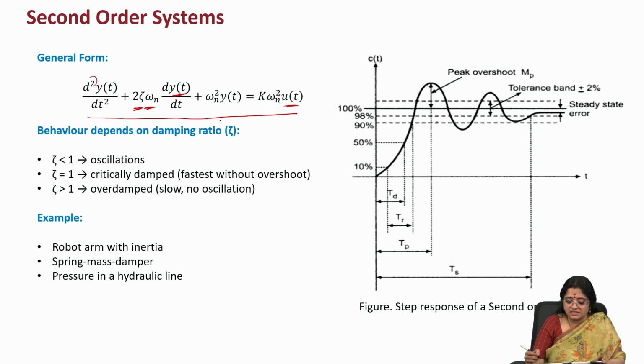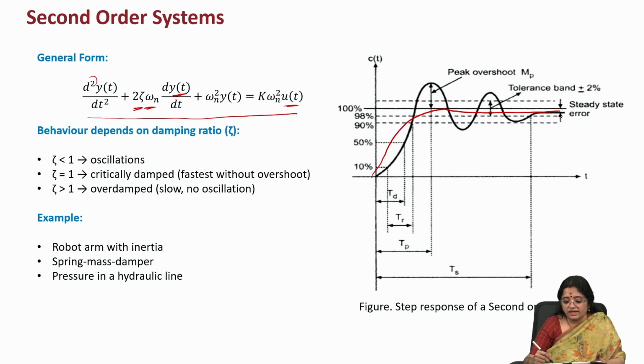The zeta value is key, because depending on it, the response of y of t with respect to u of t is oscillatory, critically damped or over damped. Critically damped means zeta is equal to 1, and the system response would look something like this. The response is faster with no oscillations and comes to a steady state value sooner.